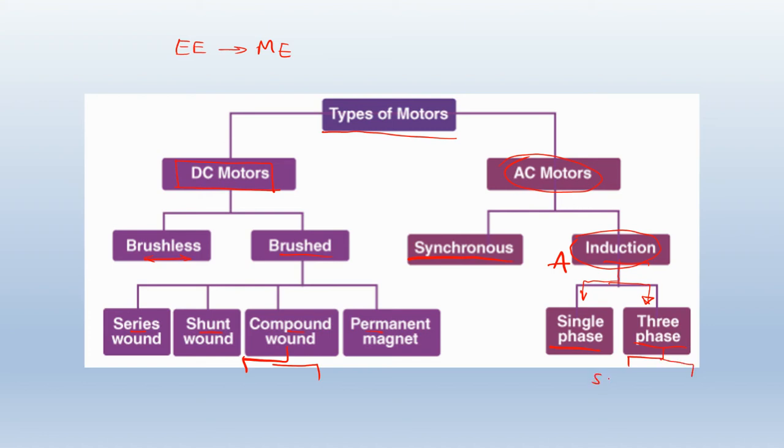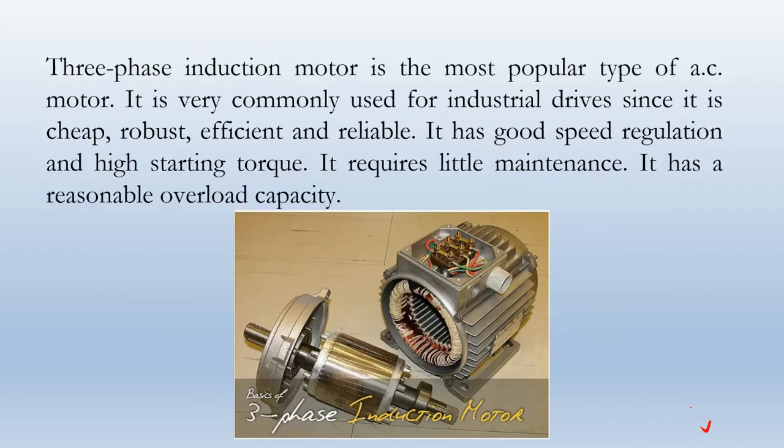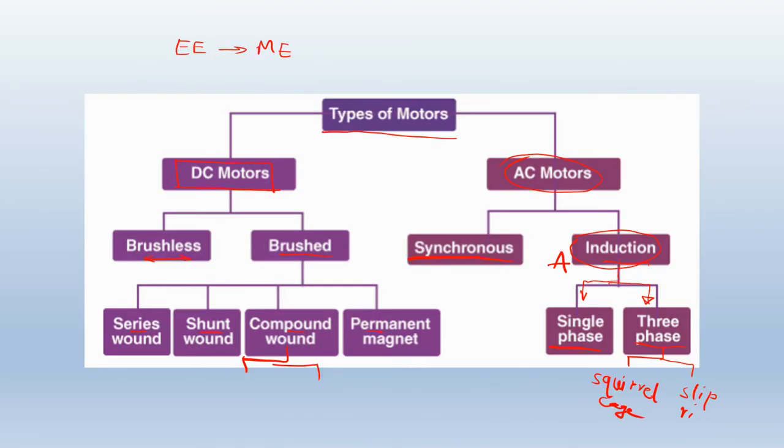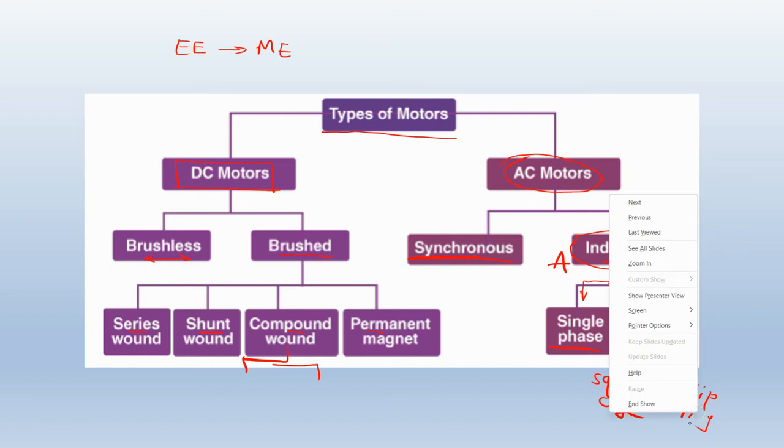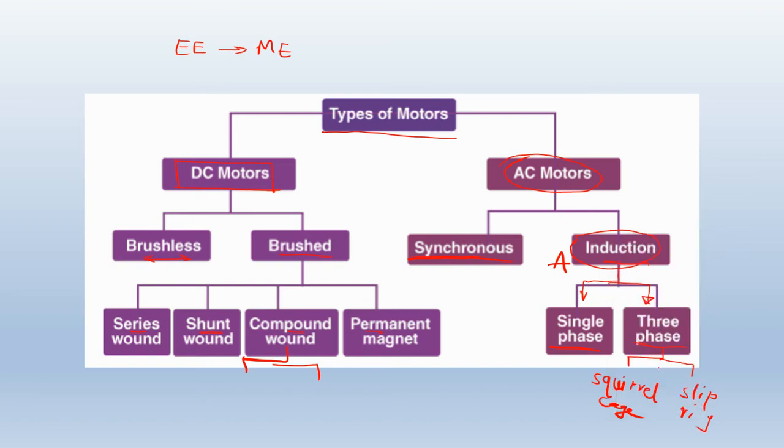One is squirrel cage, and second is slip ring or phase wound motors.